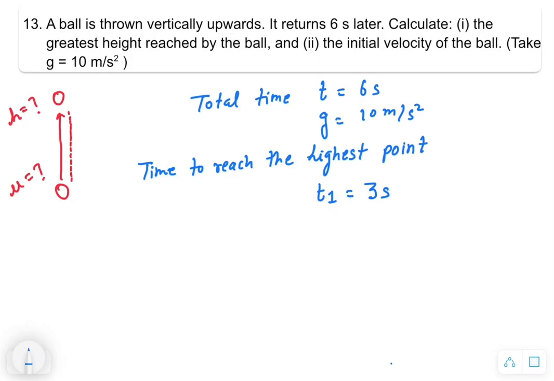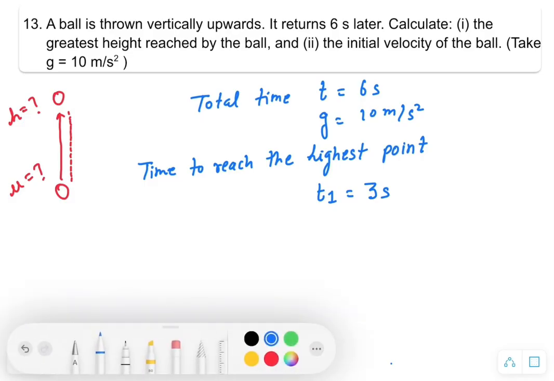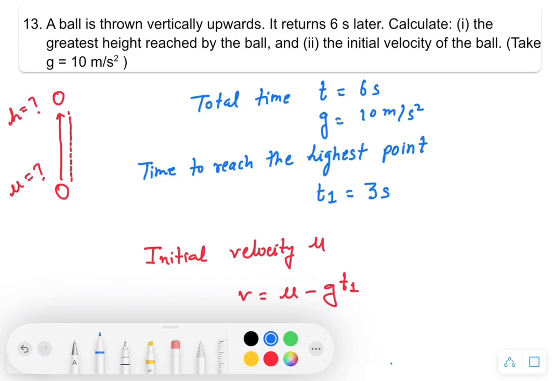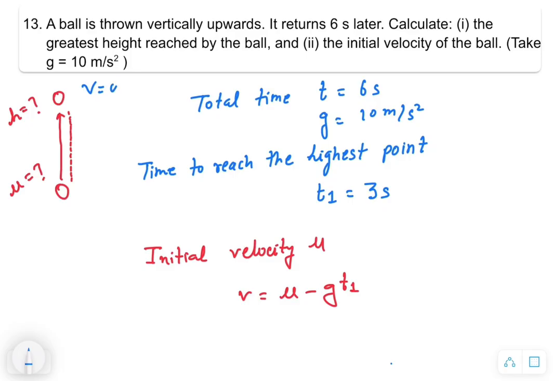Now, let's find the initial velocity first. We will be using this equation, v equal to u minus g t1. At the highest point, the velocity would be 0.